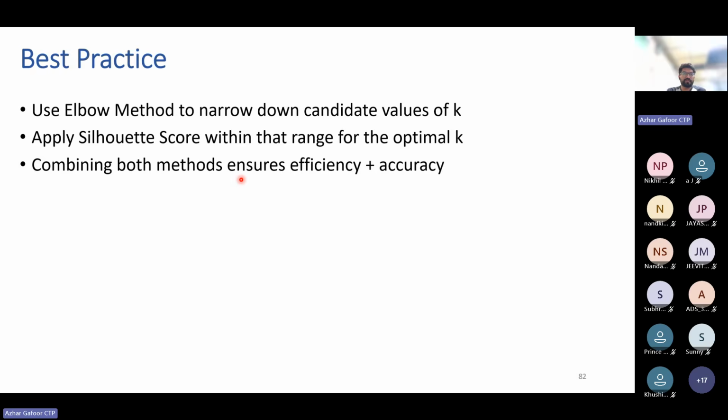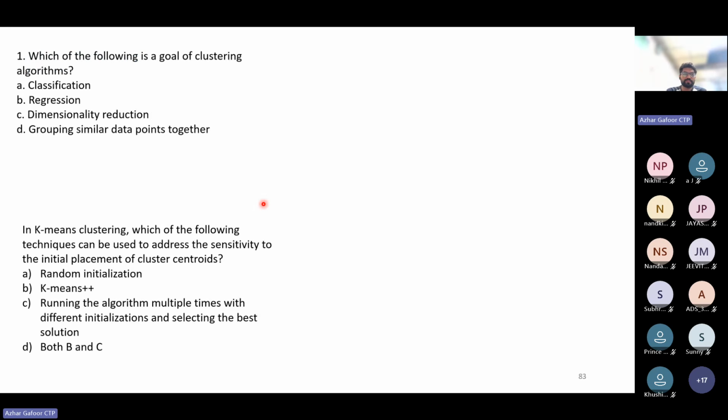All right, then we have some questions. Which of the following is a goal of clustering algorithm? Is it classification, regression, dimensionality reduction, or grouping similar data points together?